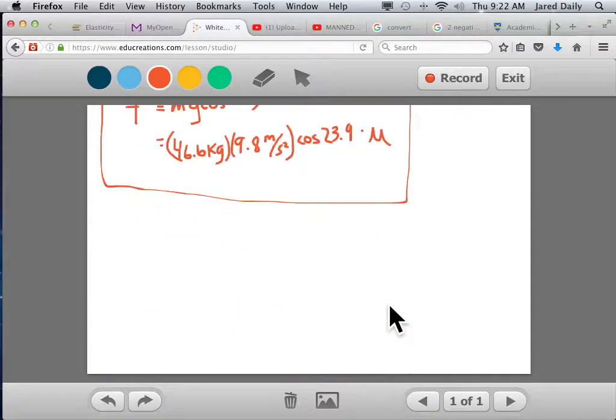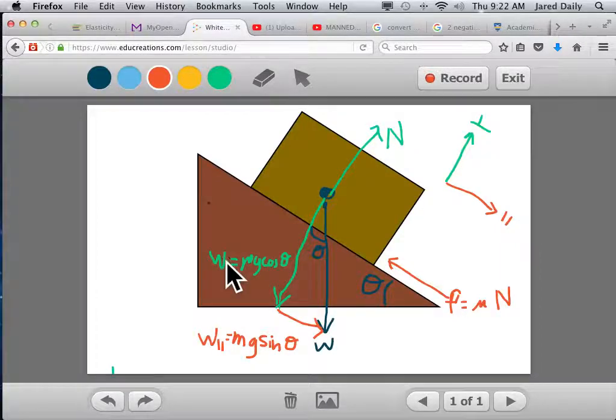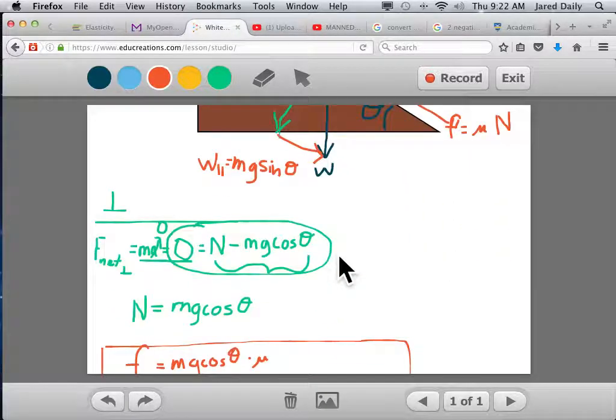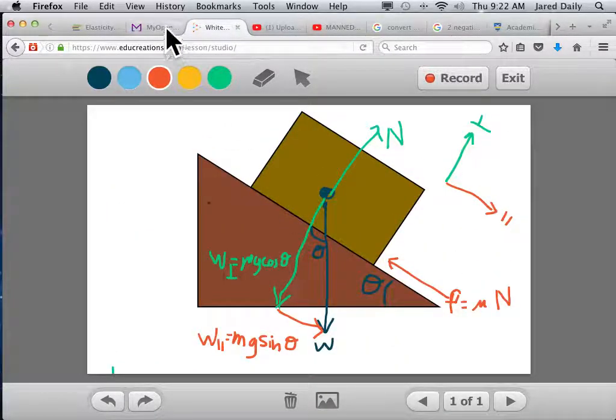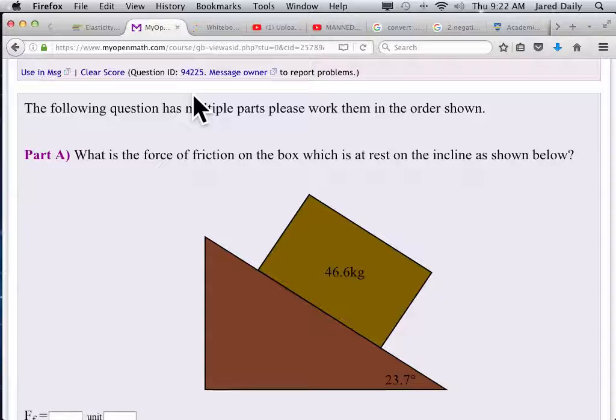On the parallel side, we have two forces. We have the force of the weight pulling it down to the right, that's a positive force, mg sine theta. And we have a friction pushing it up to the left, which is a negative one. And it says in the problem that it is at rest.